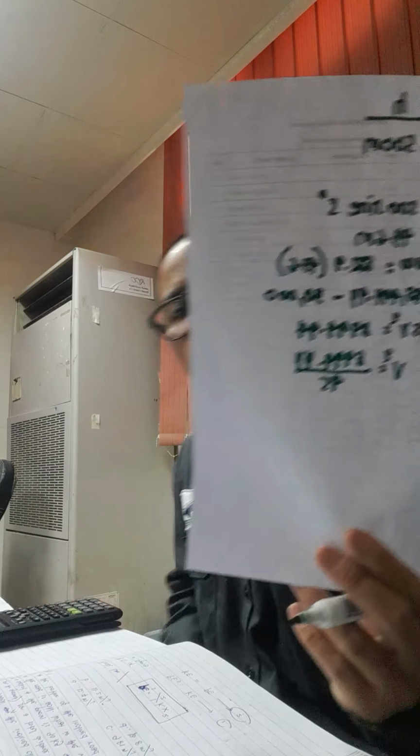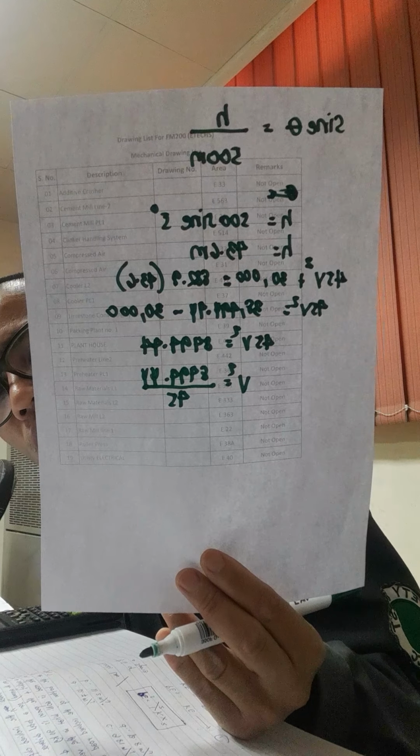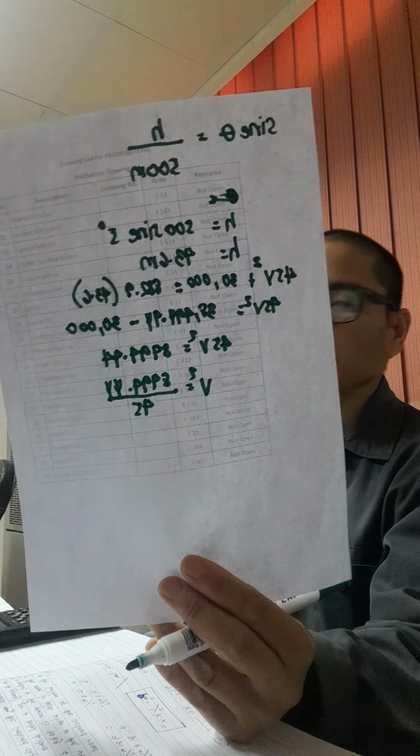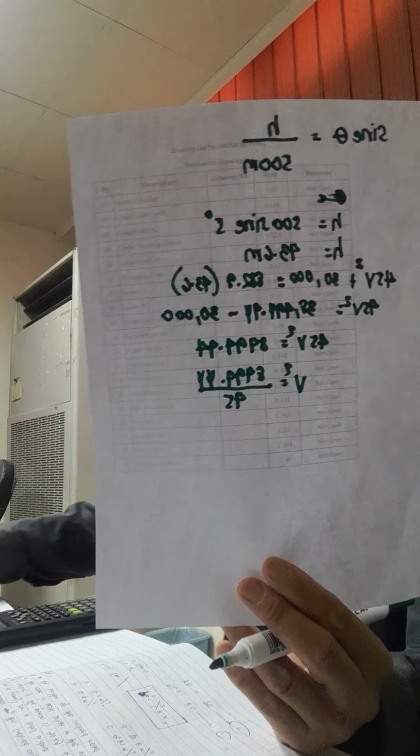So 8494.44, then v squared is equal to 8494.44 divided by 45. This is the solution, taken from here.